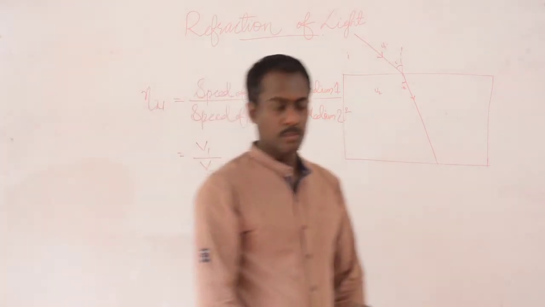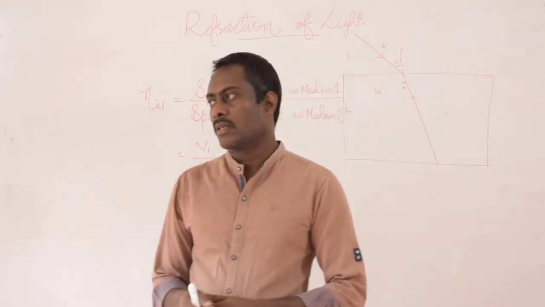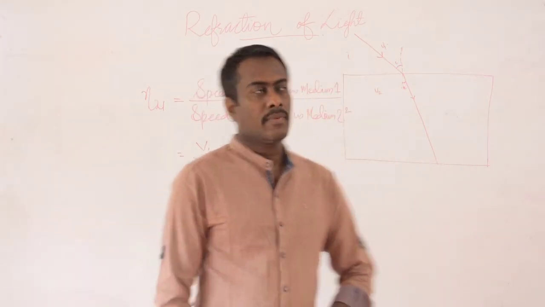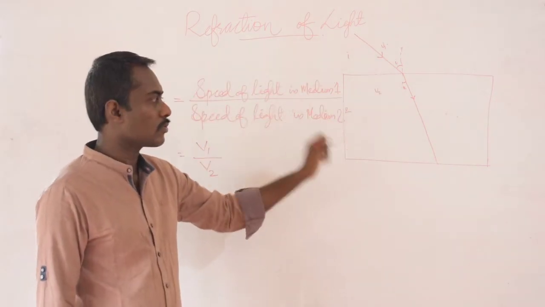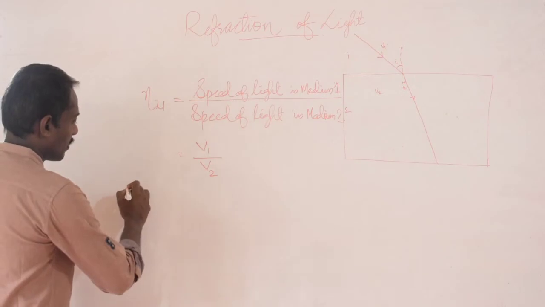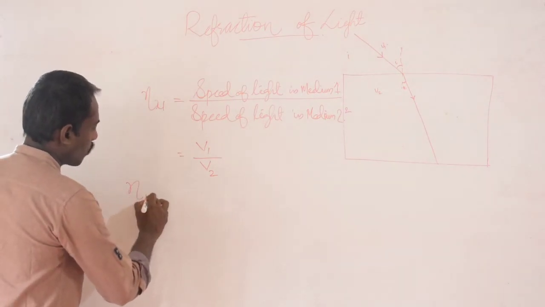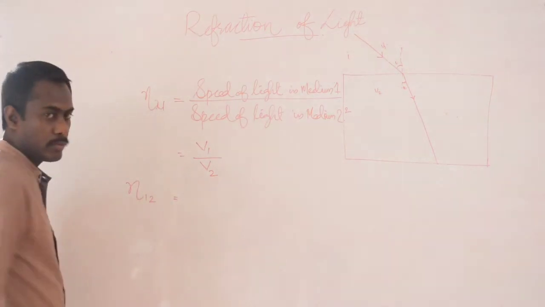So that is V1 divided by V2. By the same argument, we can find the refractive index of medium 1 with respect to medium 2, which can be represented as N12. And what would it be?